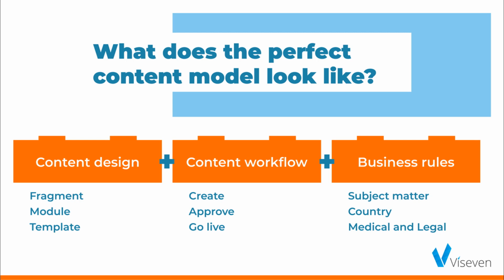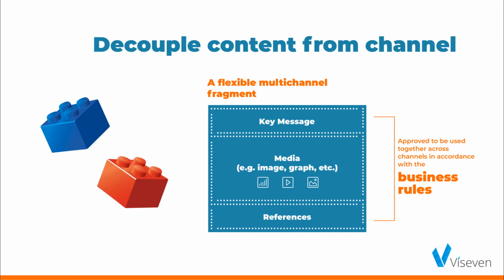When we look deeper inside of this content module, the smallest piece is a fragment. This is the multi-channel module, and it is created just once and reused across the different channels. This module is not aimed to be used specifically in one or more channels.